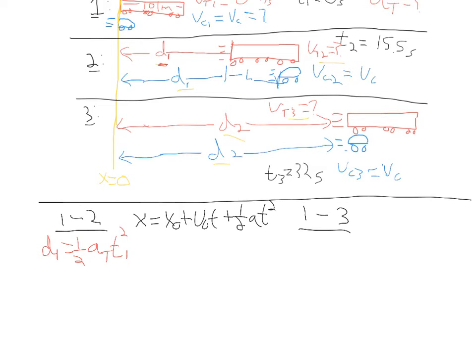So d1 equals 1/2 the acceleration of the train multiplied by t1 squared.